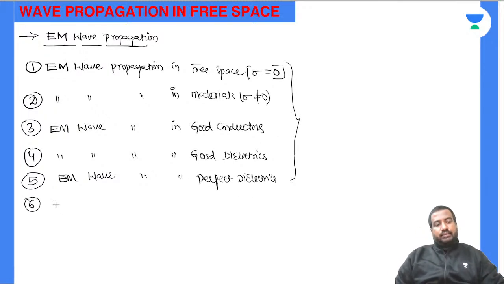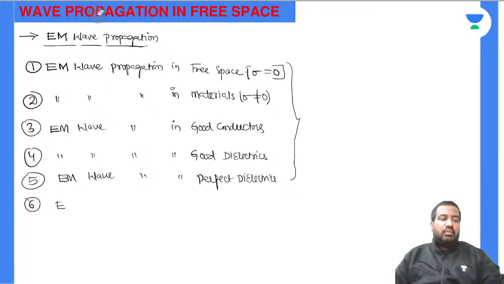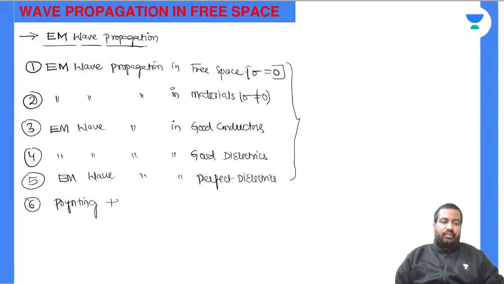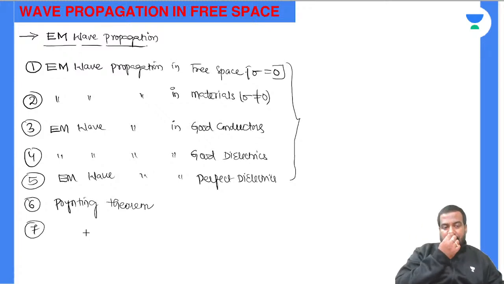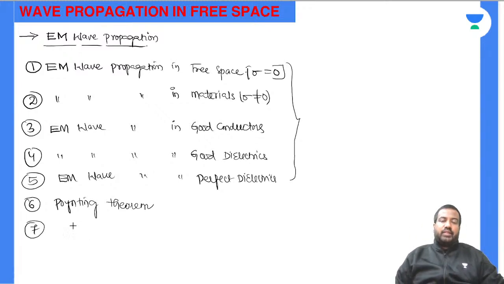Then we'll start the power associated with the given wave by using Poynting theorem. Then we'll see when a wave propagates, it will undergo any one of the polarizations. So we'll see what is polarization, types of polarization, the concept of wave polarization.